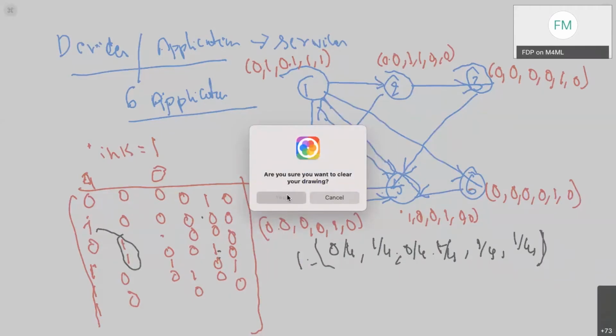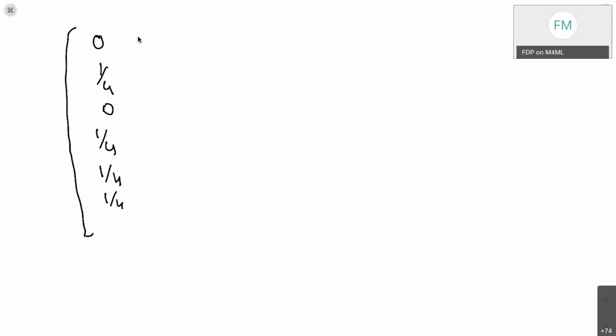So now, let me rewrite this as a matrix. 0, 1 by 4, 0, 1 by 4, 1 by 4, 1 by 4. Then we have 0, 0, 1 by 2, 1 by 2, 0, 0.